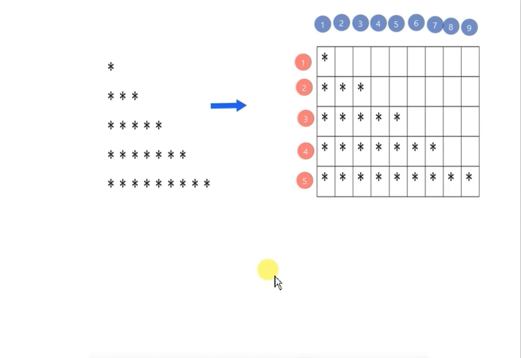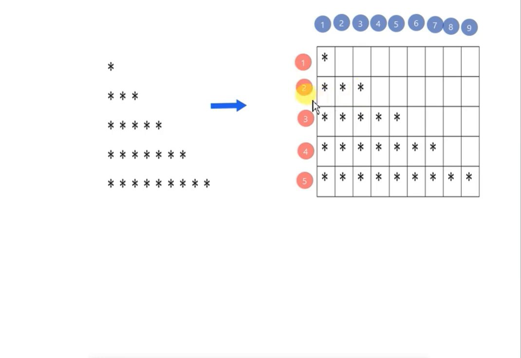Now you can see that I have converted my pattern to the matrix form. If we observe, our today's pattern consists of 5 rows and 9 columns. So this pattern is not of square form, that is, the number of rows is not equal to the number of columns. See, in every row we have different sets of stars.